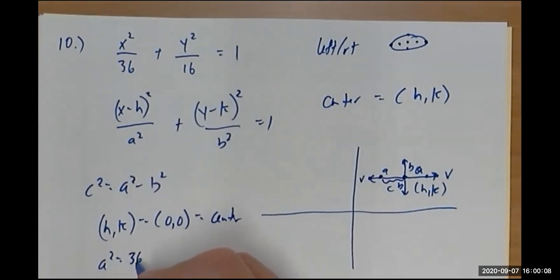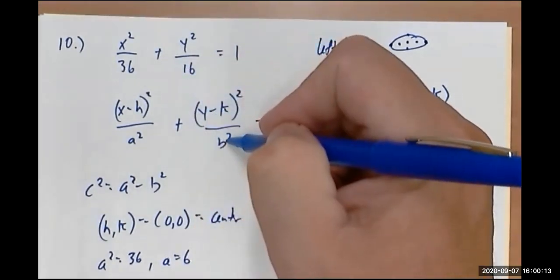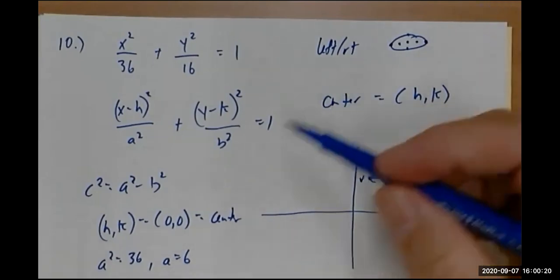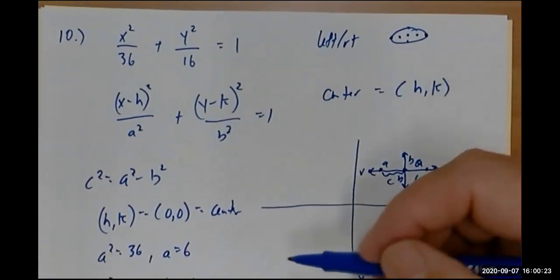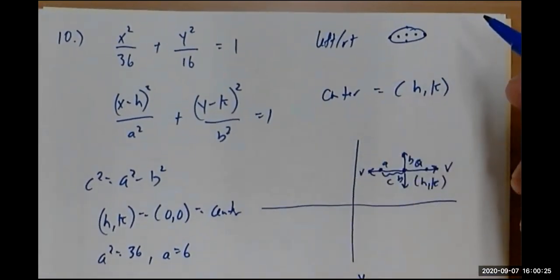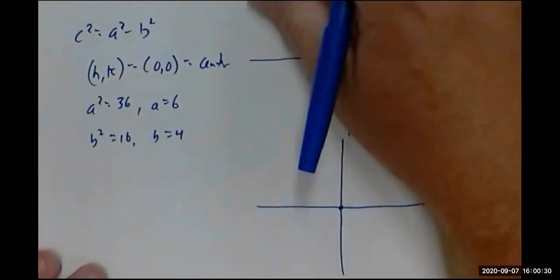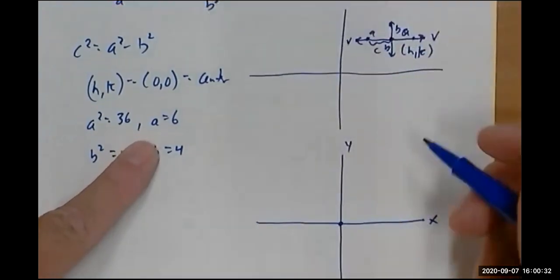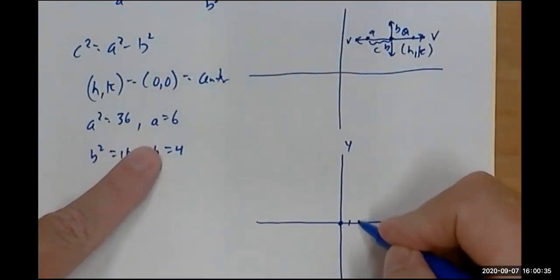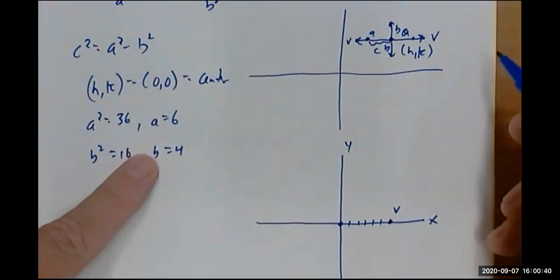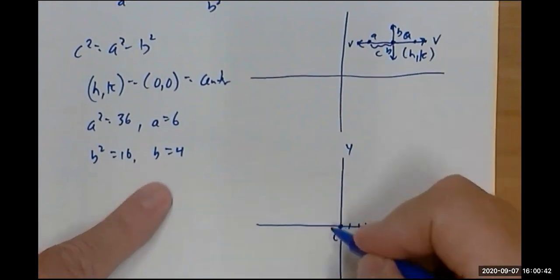A squared is 36, which means A is 6. B squared is what's underneath the y squared. B squared equals 16, which means B is 4. Once I know A and B, and I know the center, I can pretty much sketch the ellipse. So it's a left and right, and A is 6. So from the center, you move 6 to the right. Here's the center.